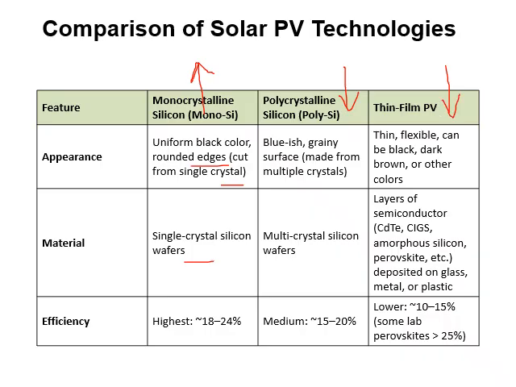Besides, for the land area required to produce the same amount of power, monocrystalline requires the smallest amount of area. Polycrystalline requires more than monocrystalline, and thin film, since its efficiency is very low, requires a very high amount of area.